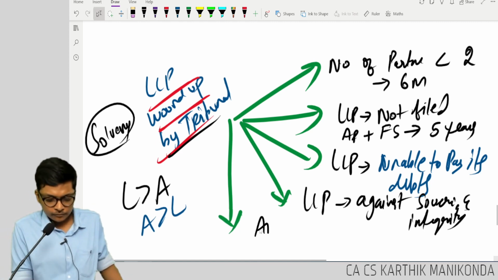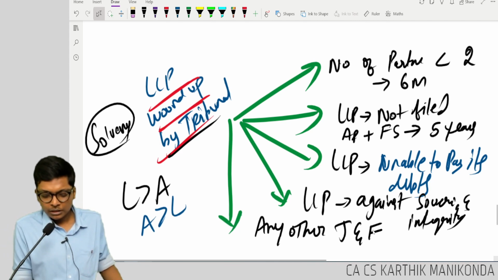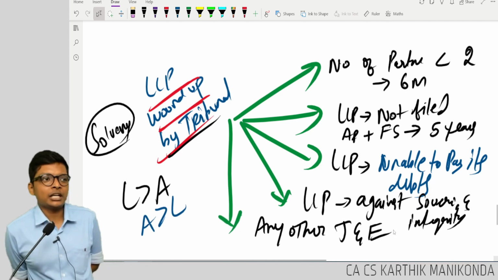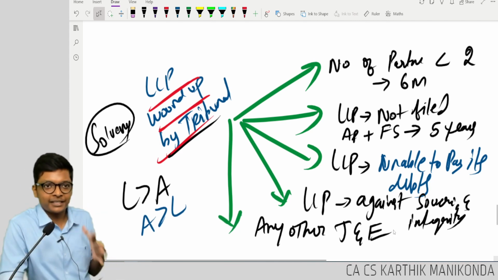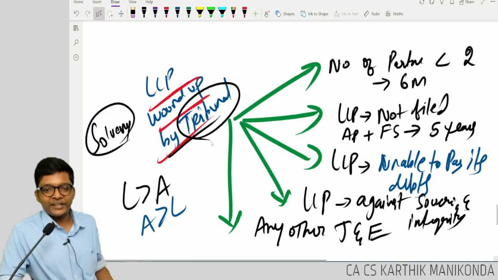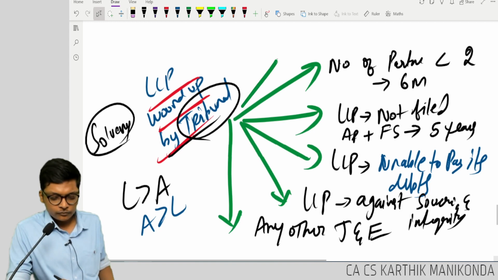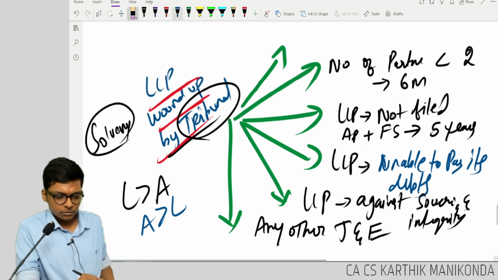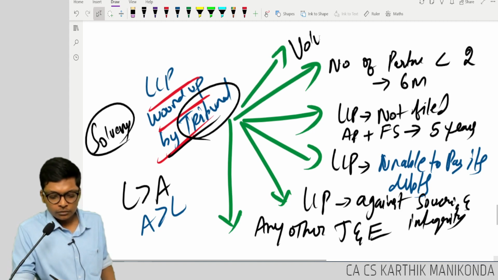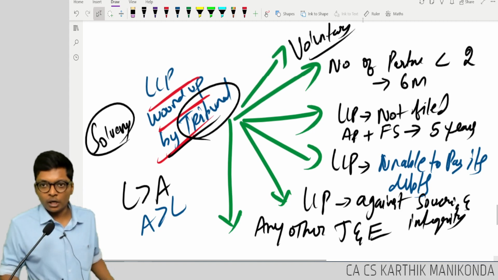Next, any other reason which is just and equitable. There is a genuine reason. Without a genuine reason, if the tribunal or court feels so, they will order winding up. We have one more point, which is by themselves: voluntary winding up.